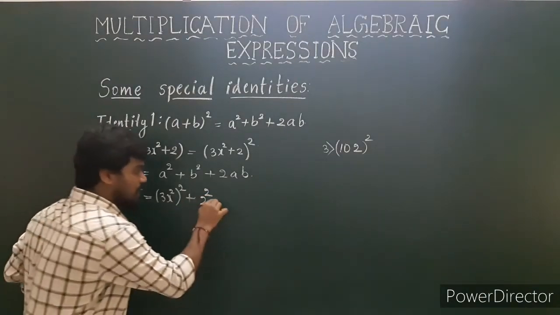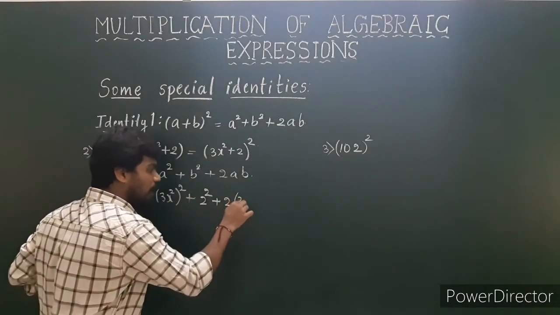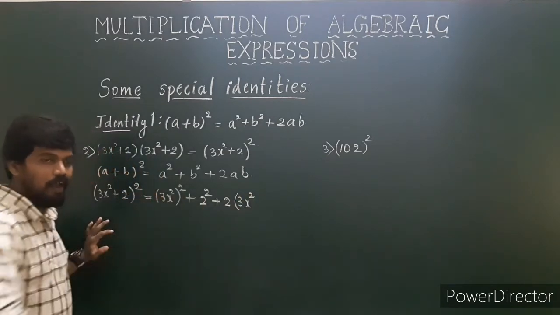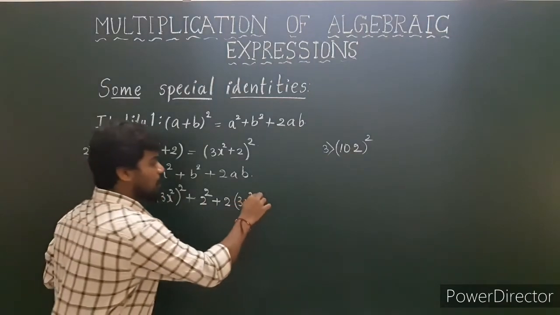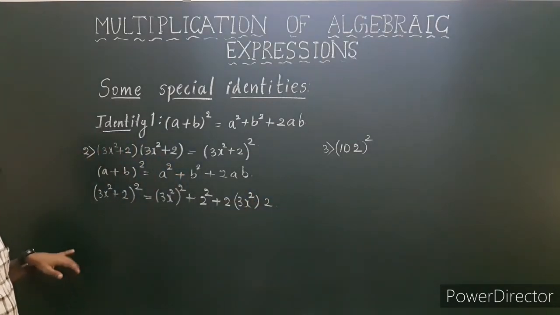And plus 2ab: the value of a is not 3x, it is 3x square, and in the place of b you have 2.